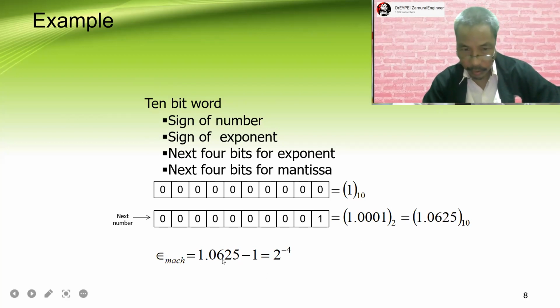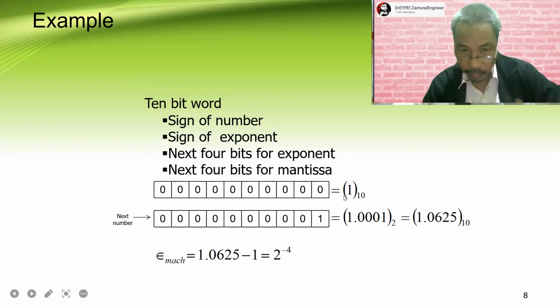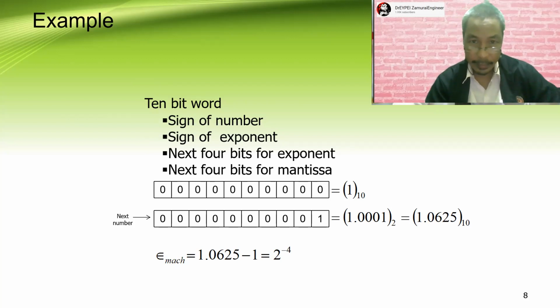What is 1.0625 minus 1? So this is, for example, base 10. Now the next number, what is the next number? If you are counting from 0 to 9, that is base 10.